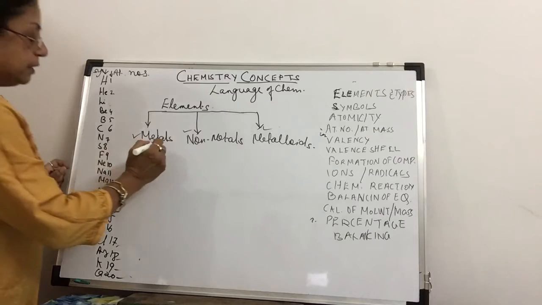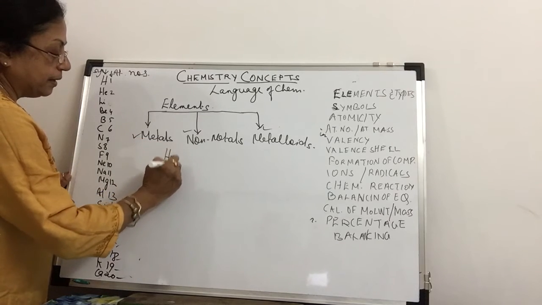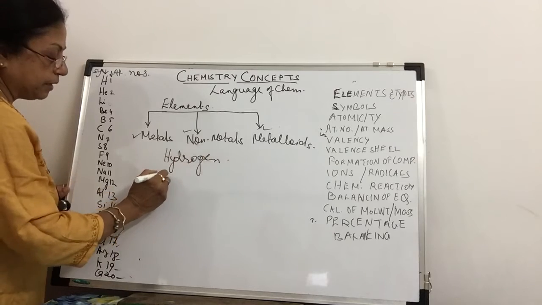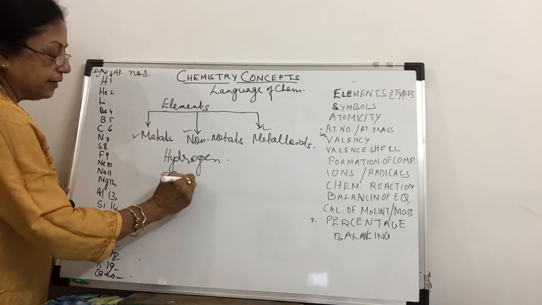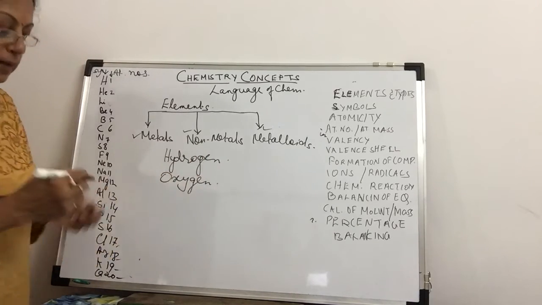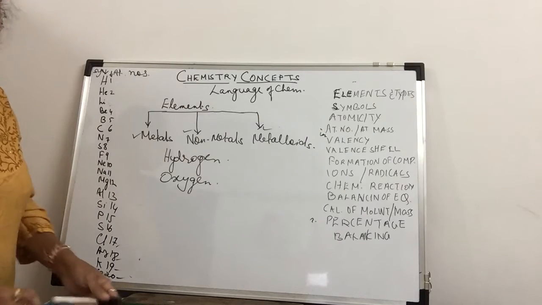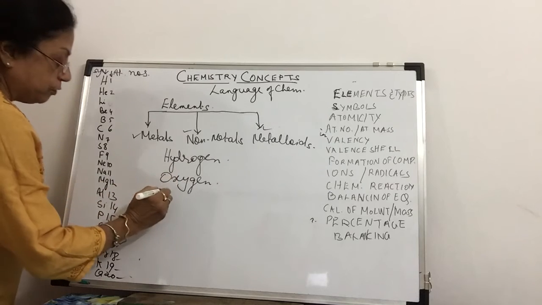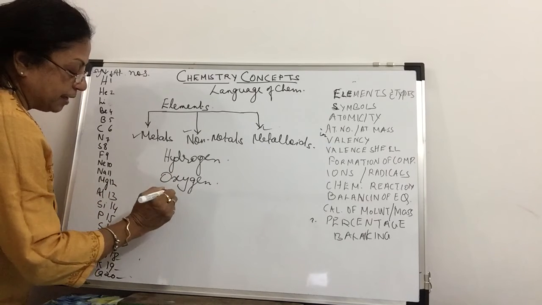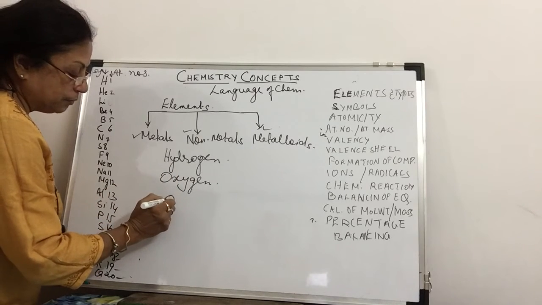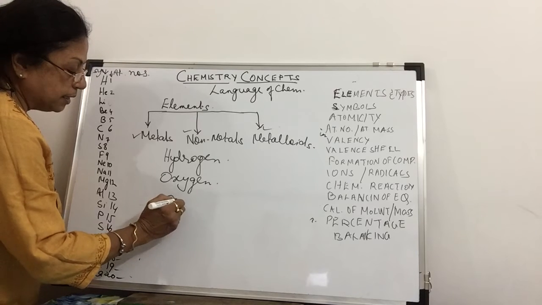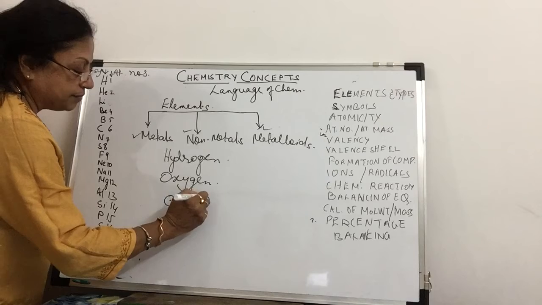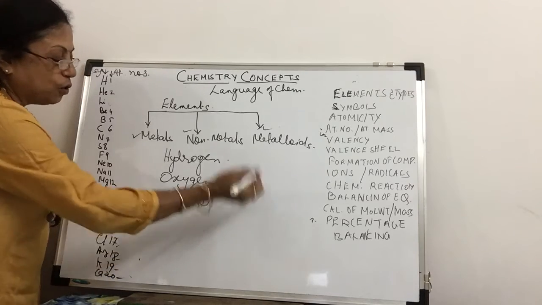Hydrogen has a very big name. Writing hydrogen all the time is difficult. Oxygen, it is very difficult to write oxygen all the time. So Dalton was the first person who gave some structures. For hydrogen, he gave a circle with a dot. For oxygen, he just gave a circle. For sulfur, he gave something like this, and so on.